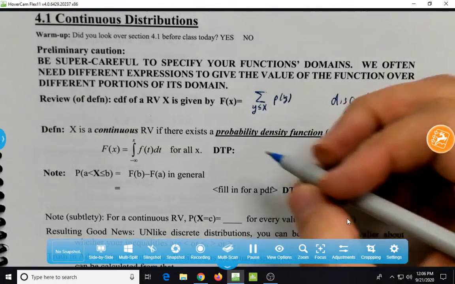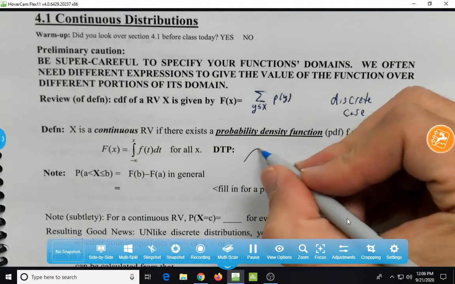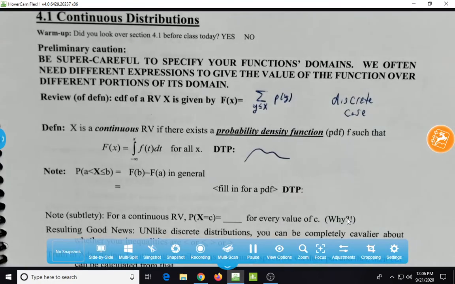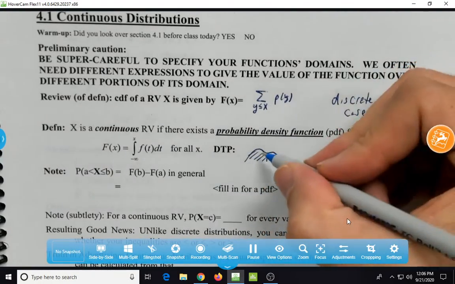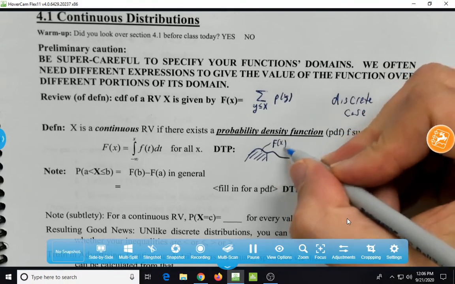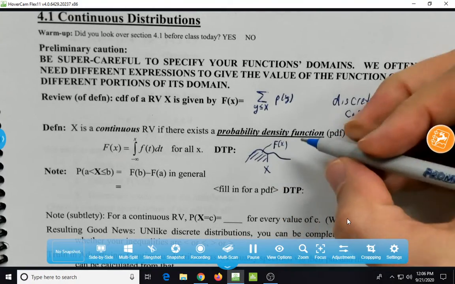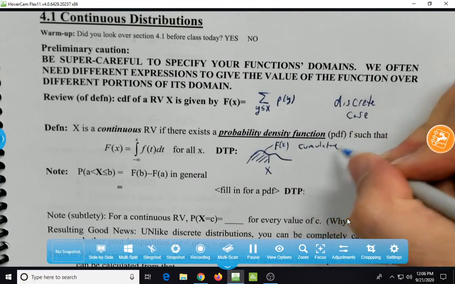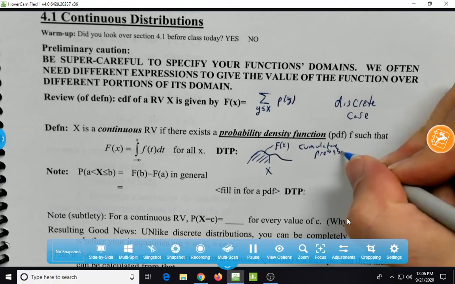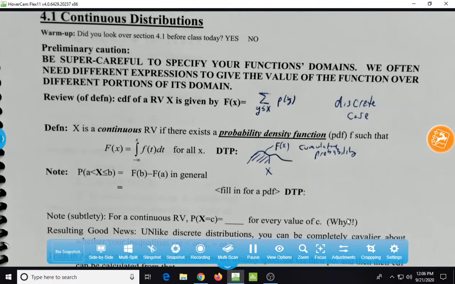So you might have some sort of little f here, and the area up to x will be the probability. This little f right here is your PDF. You integrate, and up to this point gives you the cumulative probability up to that value.